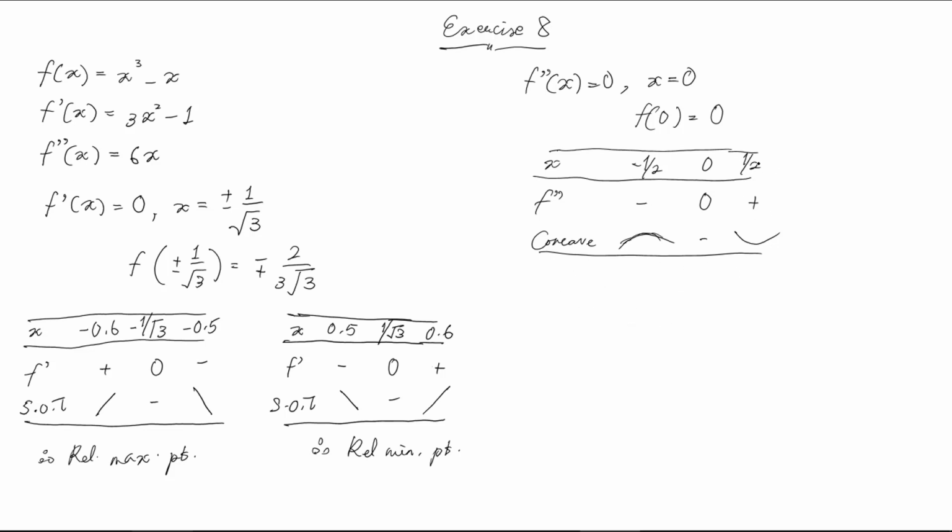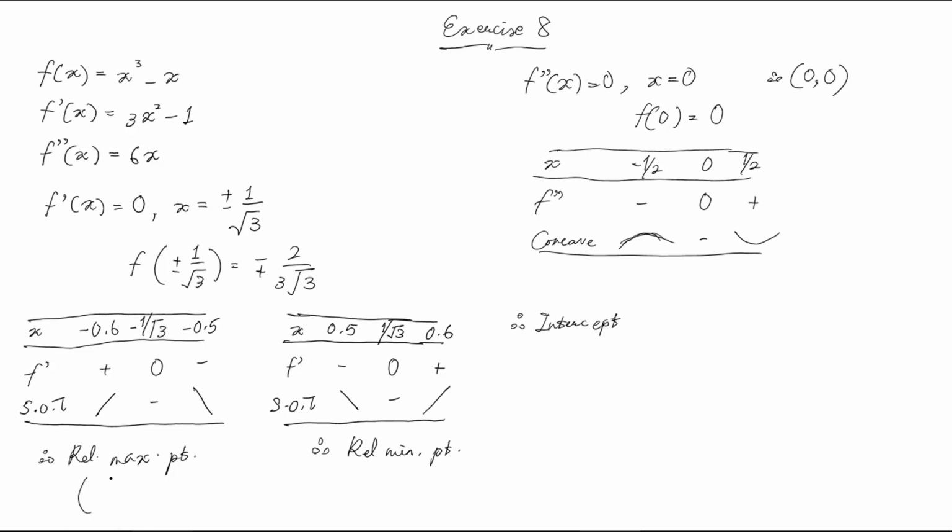Alright, so now that we have done our inflection point, next will be the intercepts. I forgot to label this one; this one too is 0 and 0.